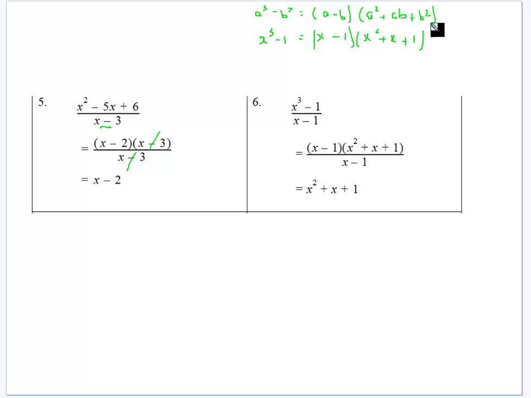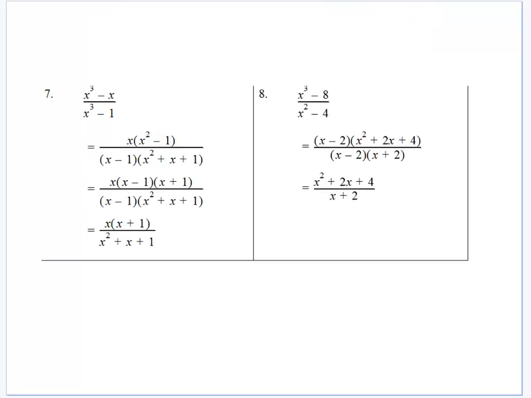So we got that one. And that one doesn't factorise, because it would be if it was 2ab, just ab doesn't come down, so it's as simplified as we can get. Again, we've got the x minus 1s, they're going to cancel, and we're just left with the x squared plus x plus 1. We can see how we can get that factorization happening, and then we can start to cancel.